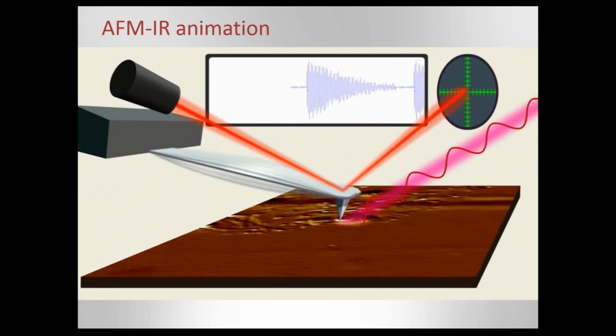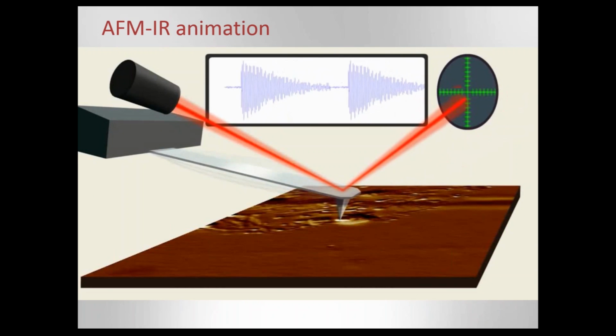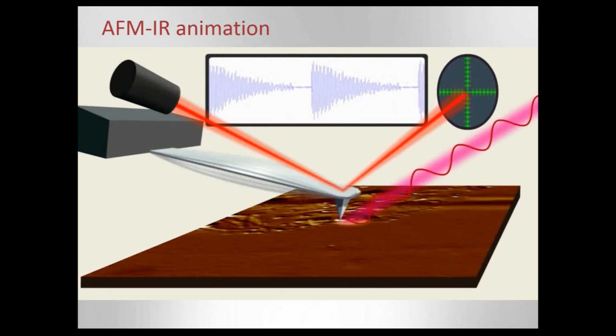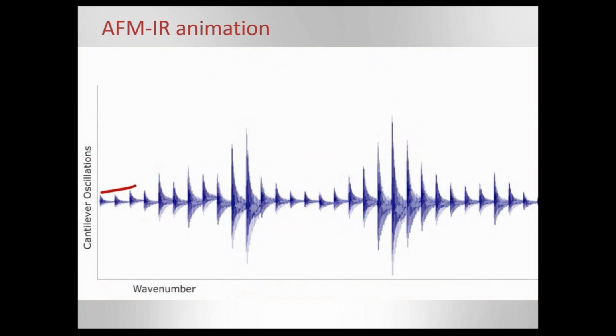And so again, here's showing the pulsing of the light, causing the AFM cantilever to oscillate and then dampen out. And we then shift the IR source over a range and get a local absorption spectrum.